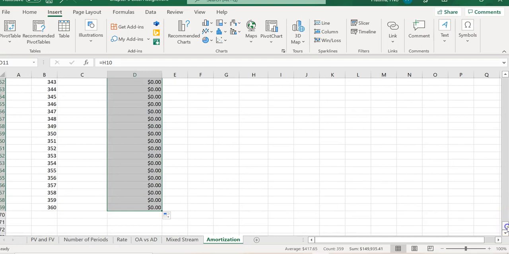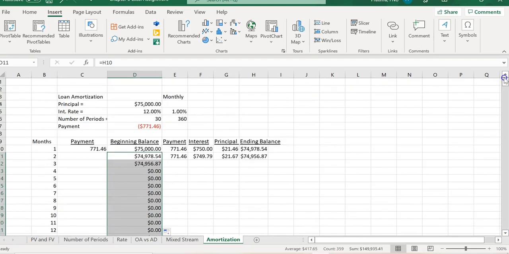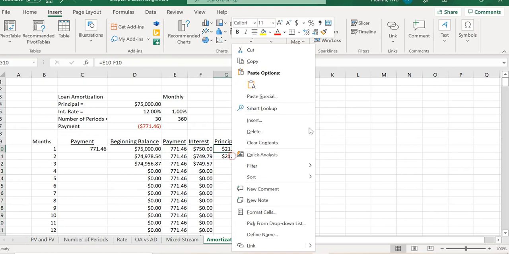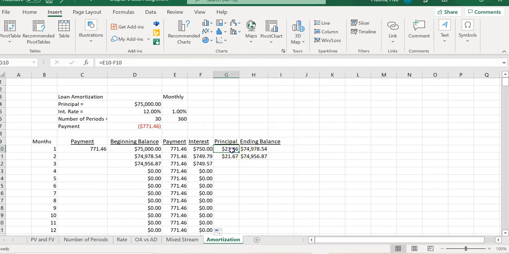Now you will be worried about what these zeros are, but they will change automatically. Don't worry about that part. Everything will change gradually. Okay, so just double click here.